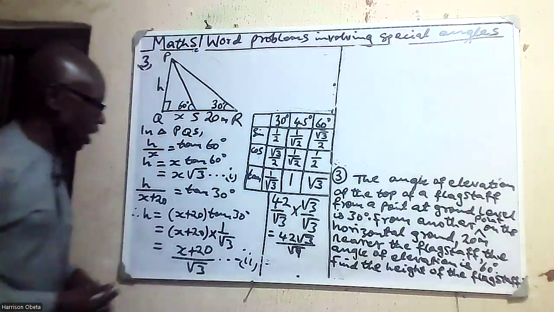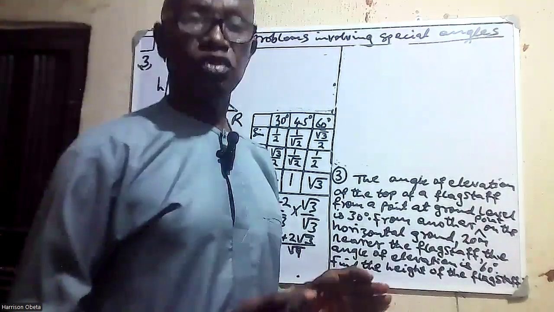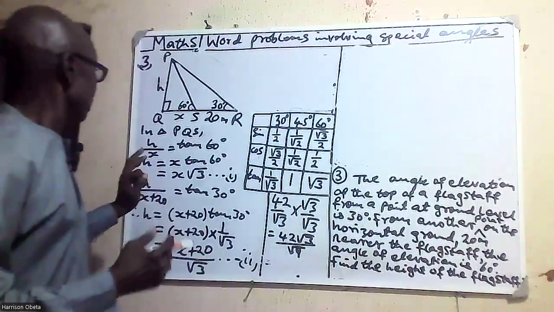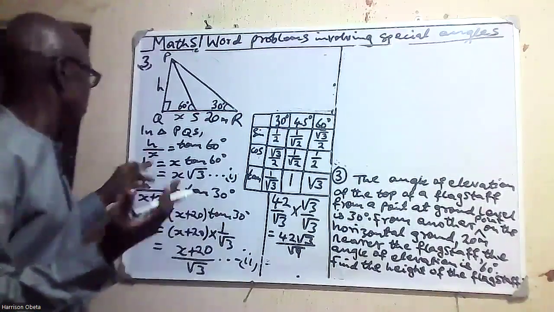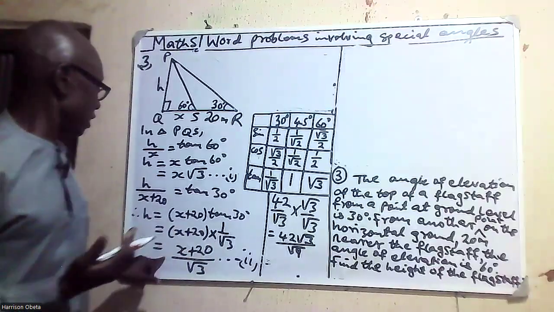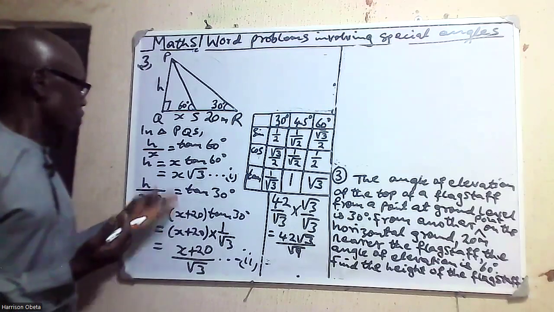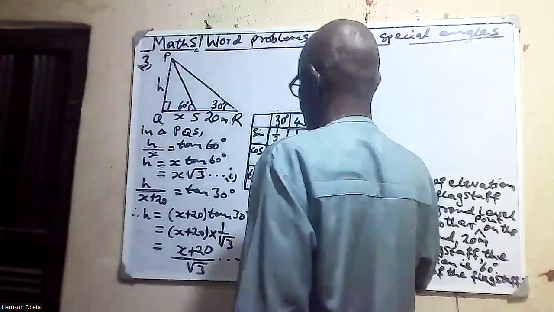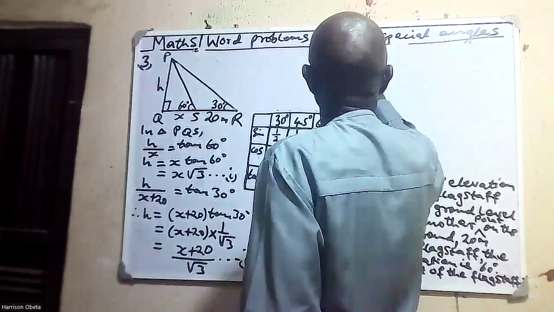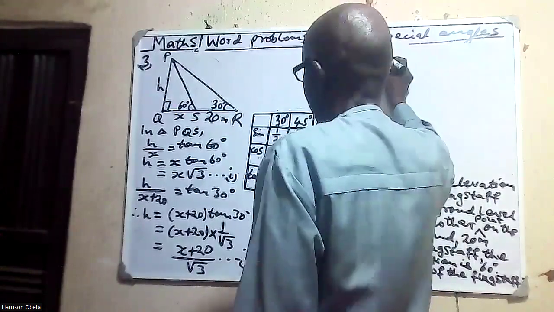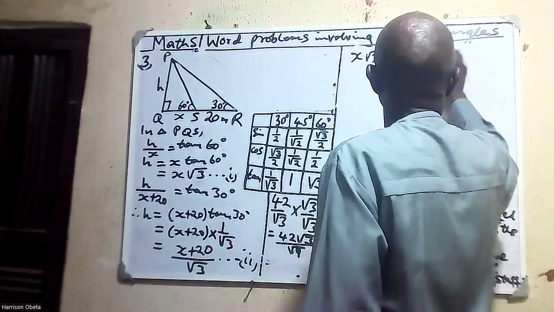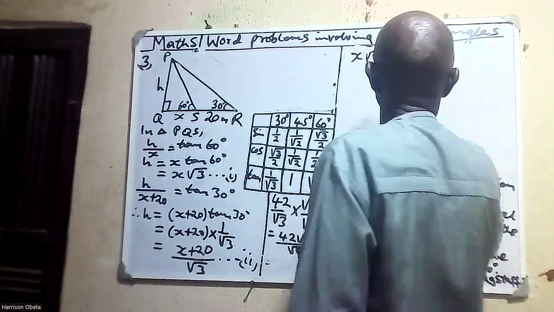Okay, by me looking at this, we are now having two equations. We're having two equations, and for us to get the value of h, we have to equate the two because we are looking for h, and h is the same. So here, h is equal to x root 3, while here, h is equal to x plus 20 over root 3. So we have to equate the two, bring the two equations together. That means that x root 3 from 1 is the same thing as x plus 20 all over root 3.